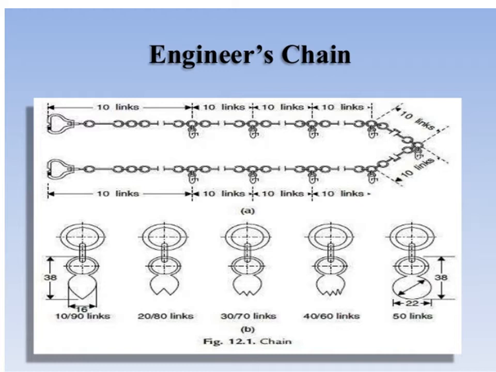Then, after every 10 links, there are tallies provided. Tallies at different intervals have different shapes. Therefore, it is easy to understand what distance is completed. This is the typical sketch showing the different shapes of the tallies.